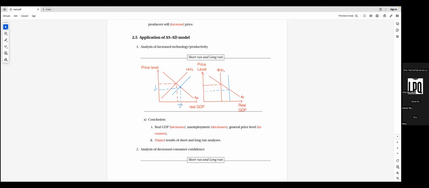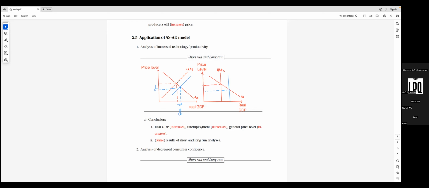When GDP increases, generally speaking, producers need to hire more workers, human resources, to do the production. So if GDP increases, unemployment rate decreases. By contrast, when GDP decreases, unemployment rate will increase.